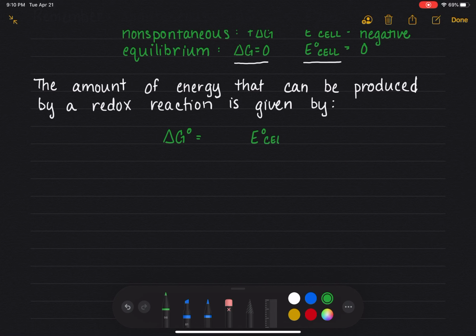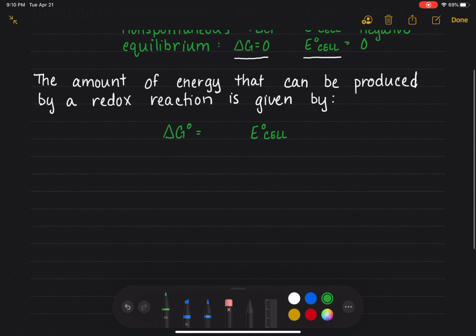The cell voltage, E cell, so how much energy is that cell giving off, times a constant, which we call Faraday's constant, which is our conversion factor between joules and volts, and also times the number of electrons, the moles of electrons, that are being exchanged as the electrons move from one side to the other.